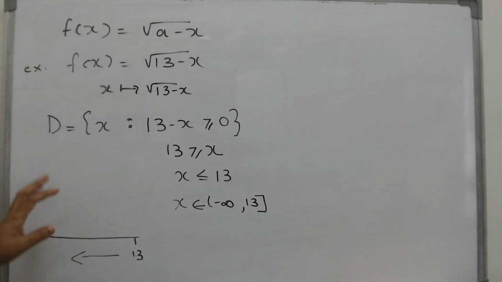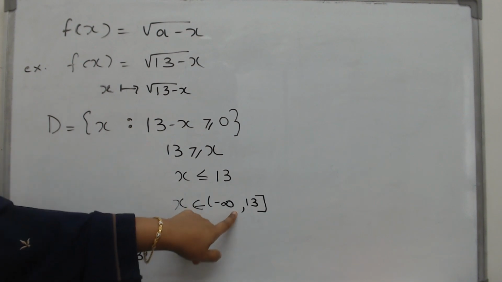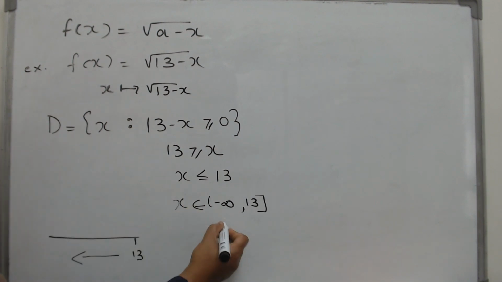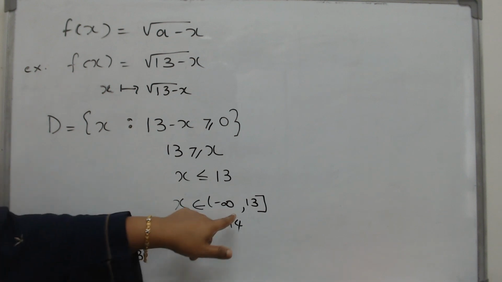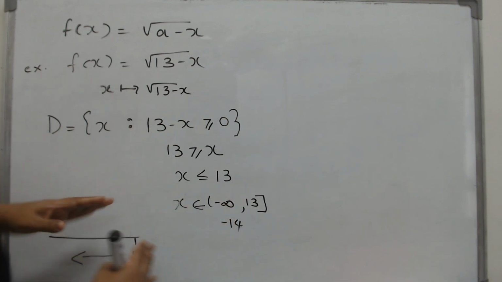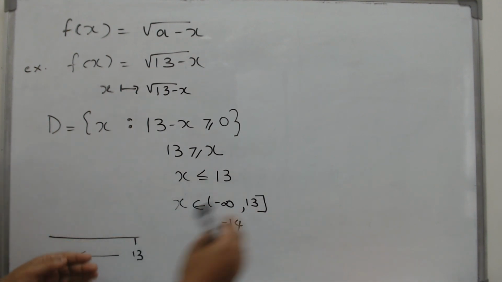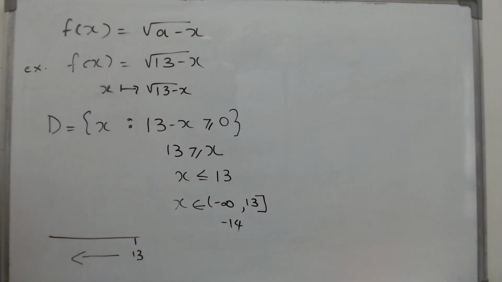Now, one very good thing about this is you can always substitute values and check your answer. Randomly take a number from here. What about minus 14? Only minus 14 lies here. Remember, 14 lies to the right. In the number line, when you want greater numbers, go to the right. When you want lesser numbers, come to the left.